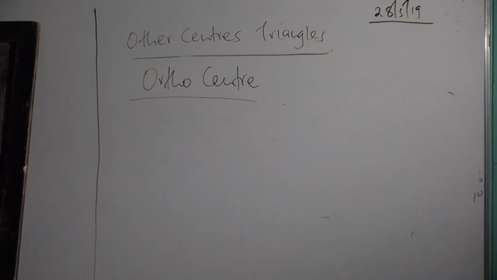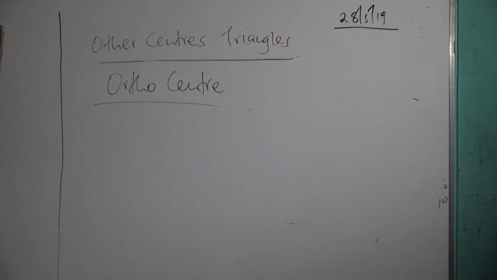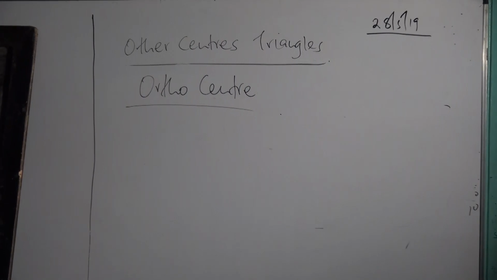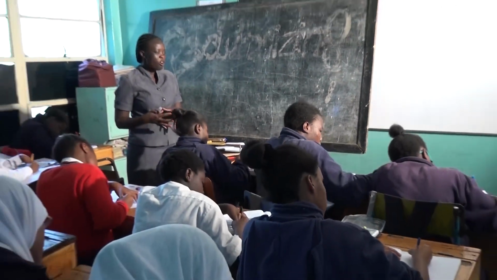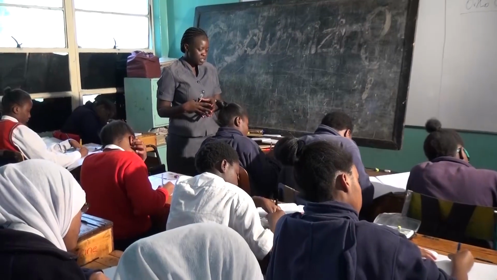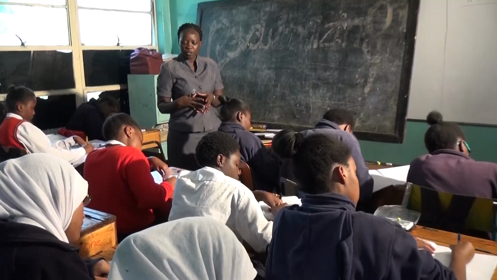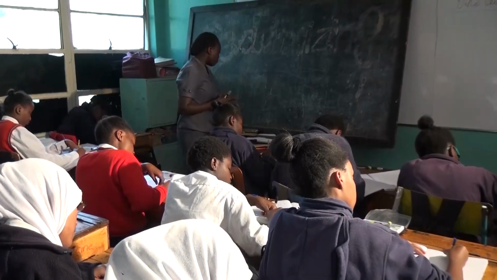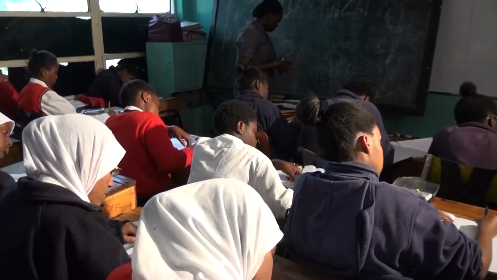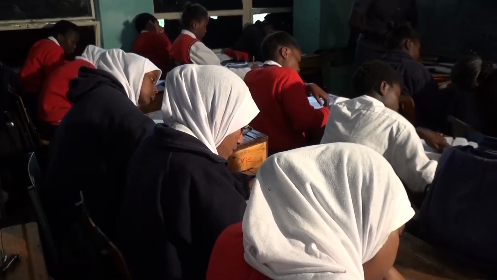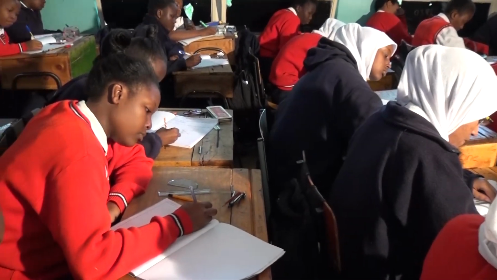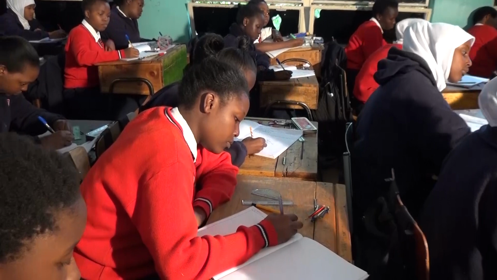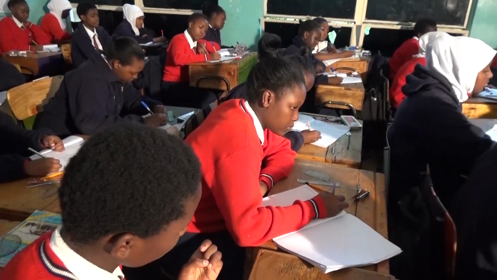Orthocenter of a triangle: this is the point of intersection of altitudes in a triangle.